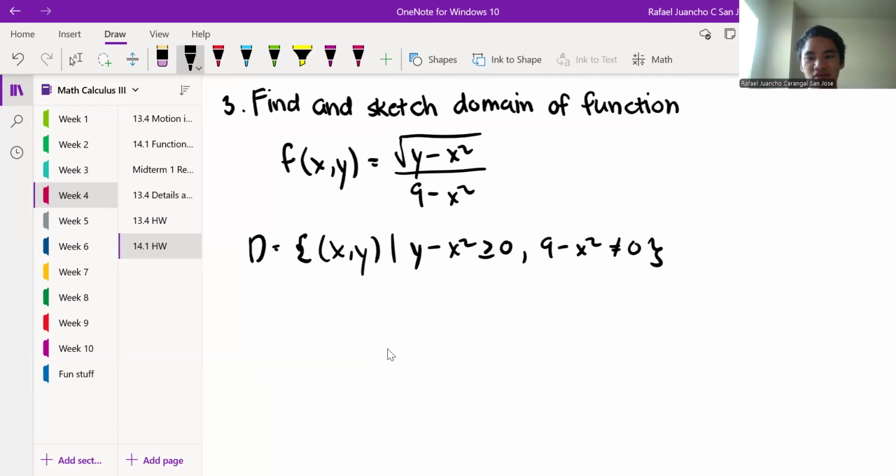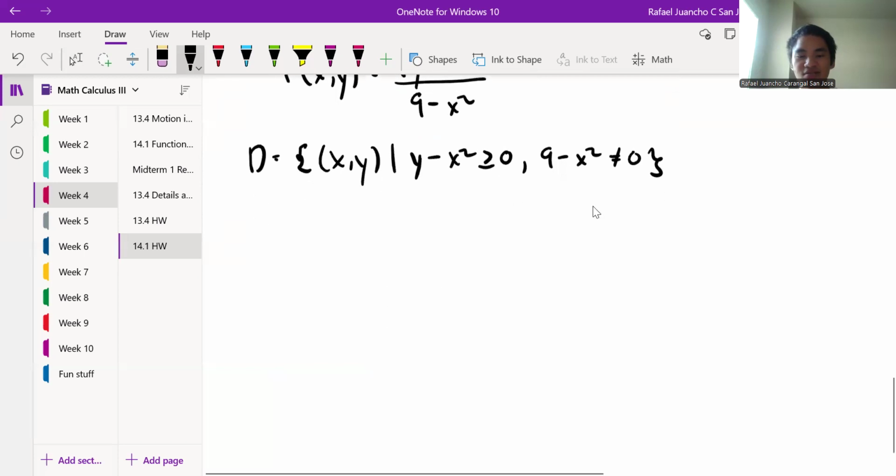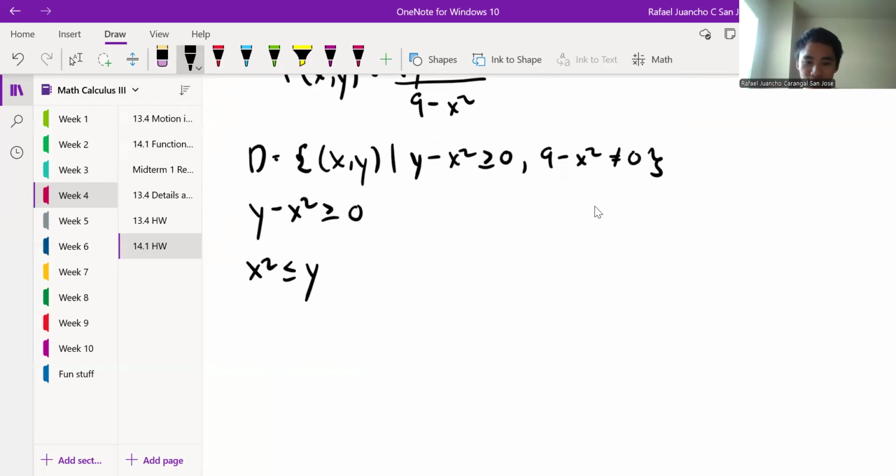What else can I say? That's all I can say about it. So now let's simplify these conditions. When I see this, I immediately see, oh, my x squared is less than or equal to y. So here we actually see a parabola.